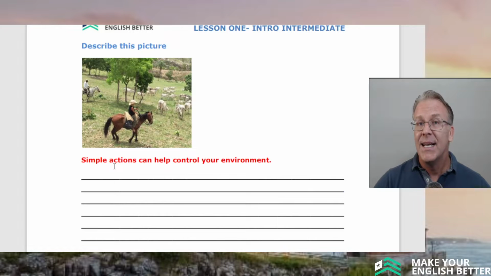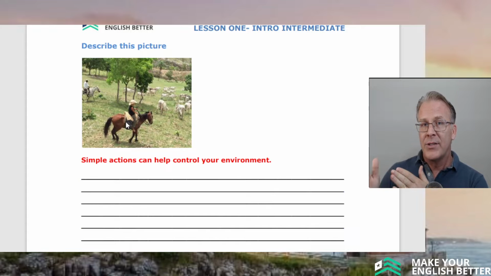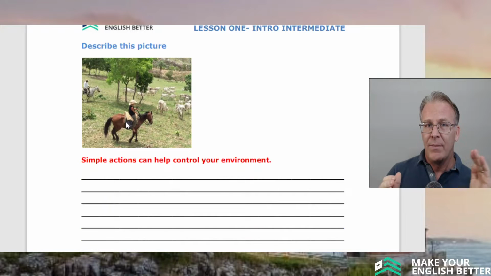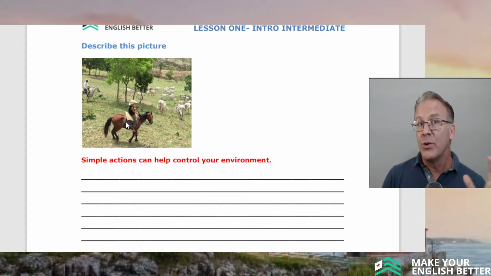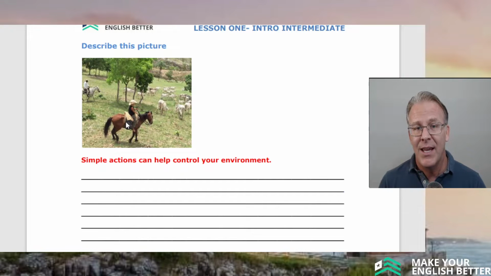This says simple actions can help control your environment. So doing little things changes everything. If my son, this is a picture of my son on the farm, if he brings the horse this way, then the cows move in one direction. If he brings the horse this way, the cows move in another direction, okay?